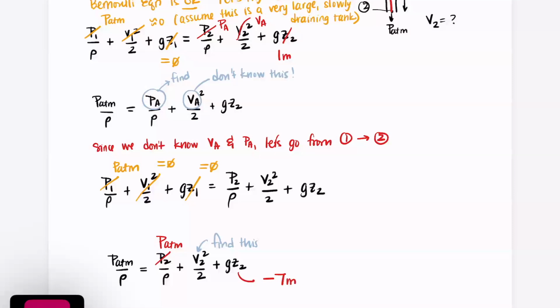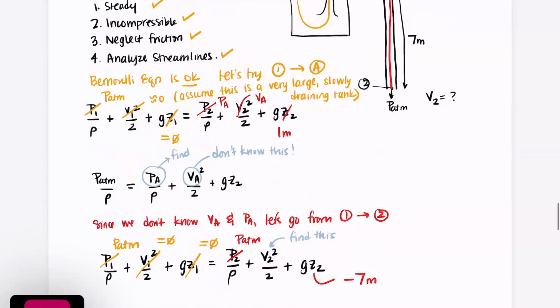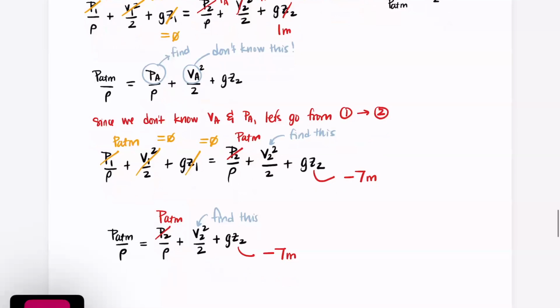On part 2, we're discharging to the atmosphere, so this is P atmosphere. We want to find V2, and this is known to us. This is minus 7 meters. Does that help? Okay, fantastic.